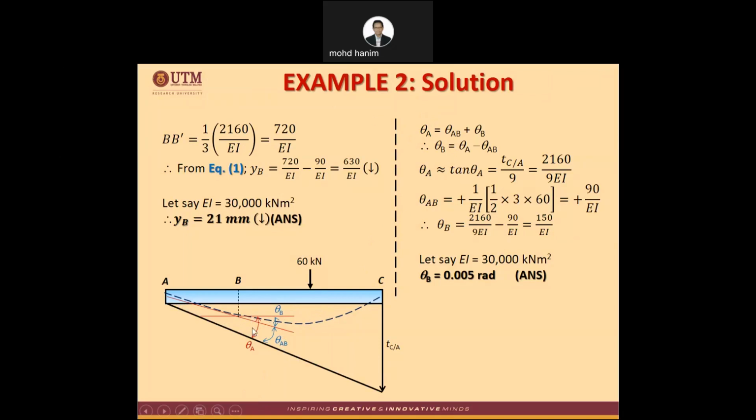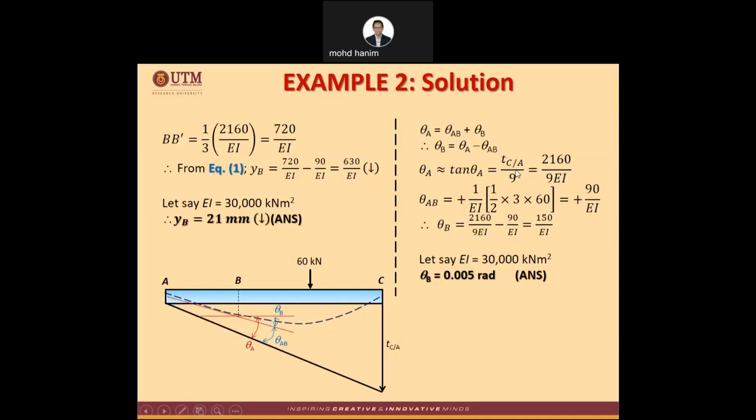Theta AB is the angle made by this extrapolation to the horizontal, or the slope at A. Theta B is the slope at B, and theta AB is the difference between the slope at A and the slope at B. Or in other words, theta AB equal to theta A minus theta B.